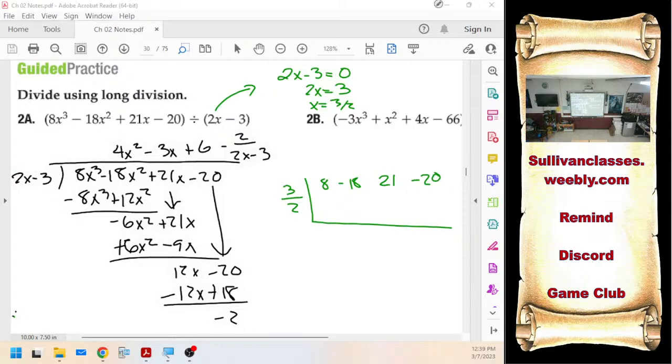I want you to do it and see what happens. Remember, drop the first term, multiply and add, and multiply and add, and multiply and add. You do not need a calculator to do this fraction. Divide it by 2, then multiply by 3. Do it in pieces. Or multiply by 3, then divide by 2. Okay? Don't take it times 3 halves all in one shot. Take smaller bites.